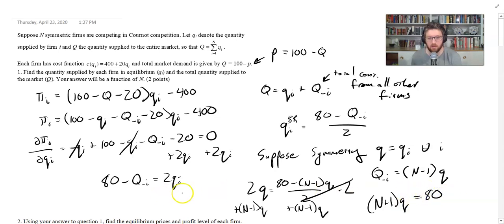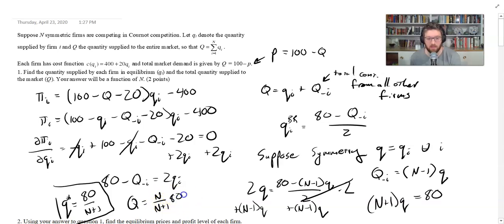And so, running out of space here, but all we need to say is that 80 divided by n plus 1 is the Nash equilibrium amount supplied by each firm, and that means the total amount is n, since there's n of these guys, times 80 over n plus 1. Okay, so I get that by just multiplying this by n, because capital Q is equal to n times lowercase q, since that's how many firms there are.